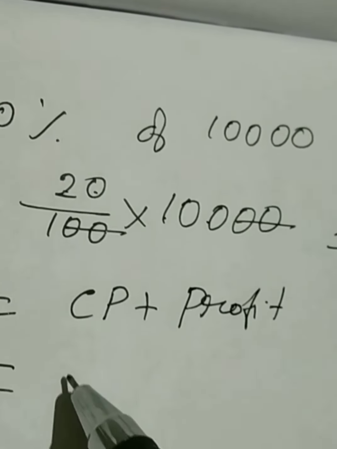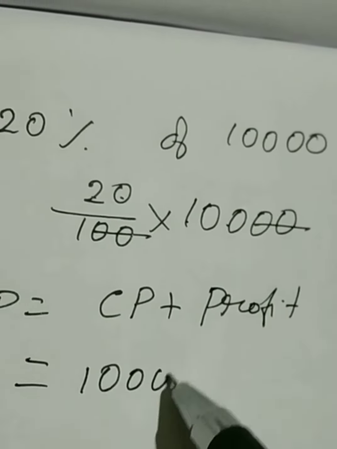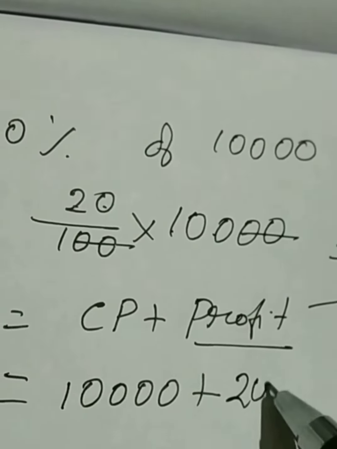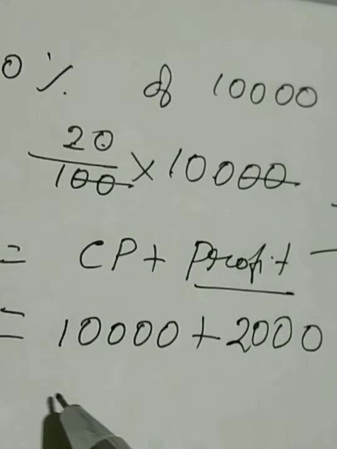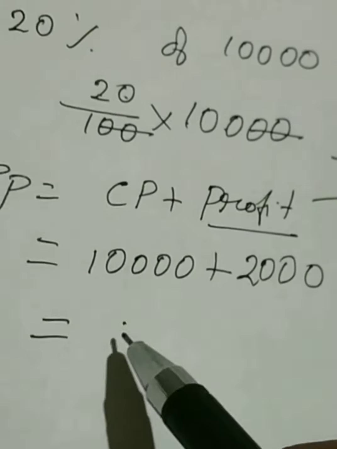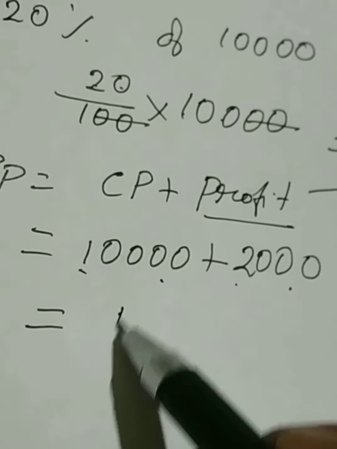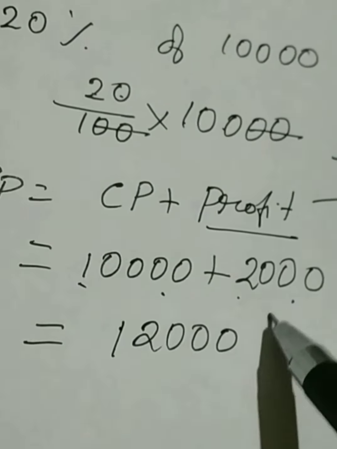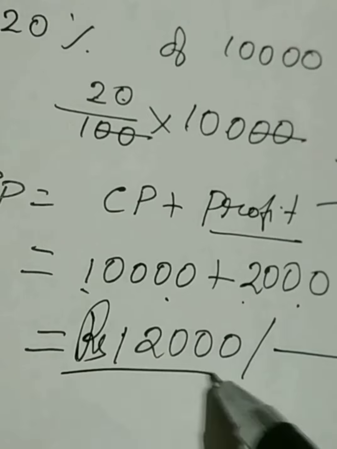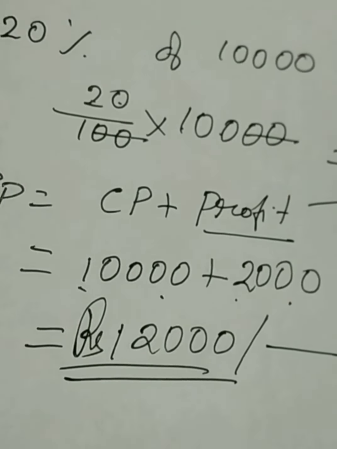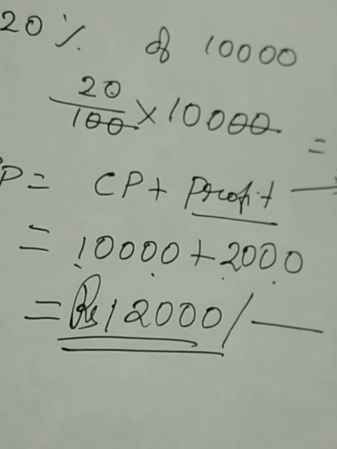So the selling price of the TV will be 10,000 plus 2,000. That is 12,000 rupees. So we will get it for rupees 12,000.